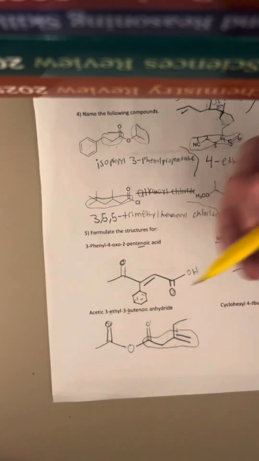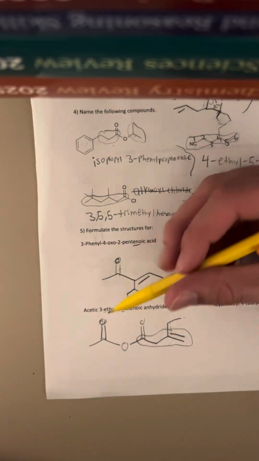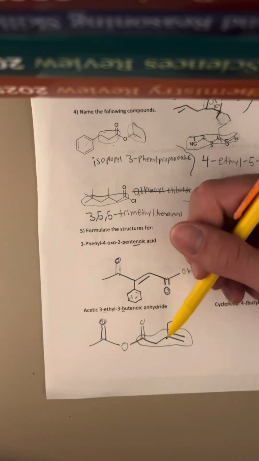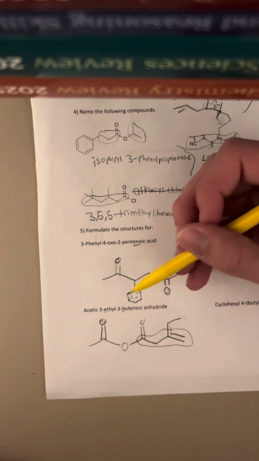You're looking at the E from the ethyl. You compare the E to the A. A obviously comes first in the alphabet, so we name this acetic 3-ethyl-3-butenoic anhydride as opposed to 3-ethyl-3-butenoic acetic anhydride. First in the alphabet goes first, second in the alphabet goes second.